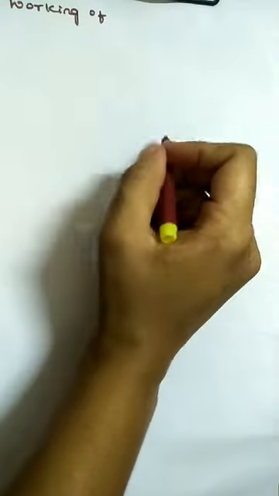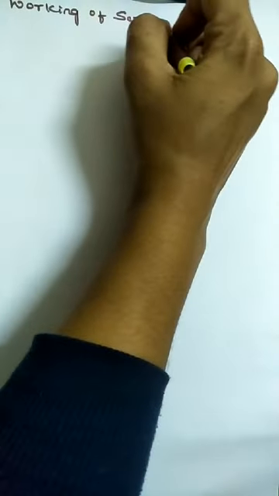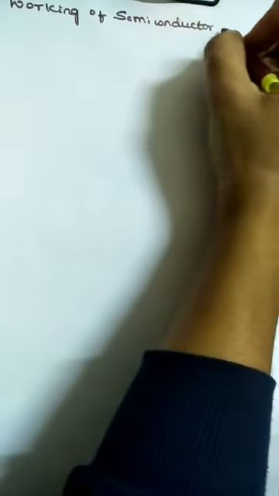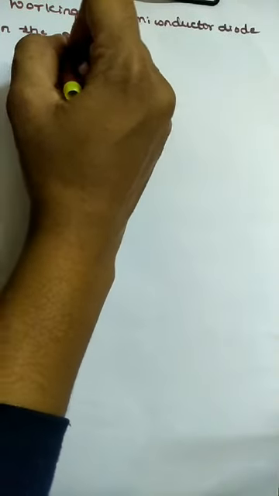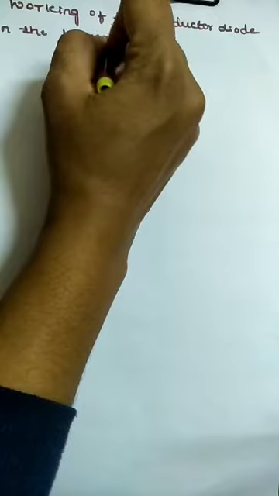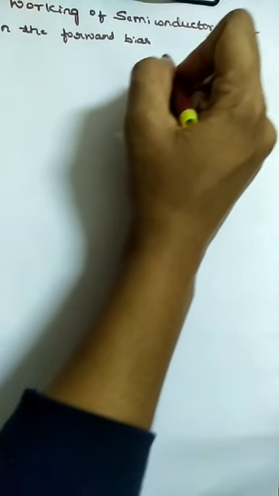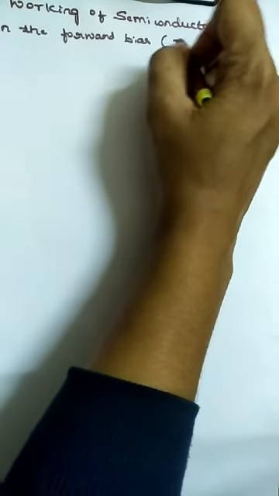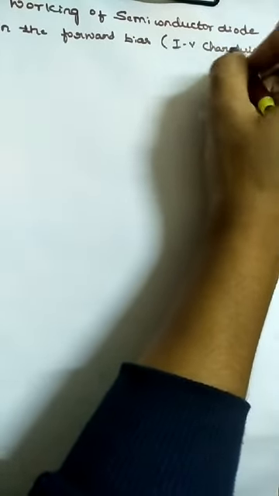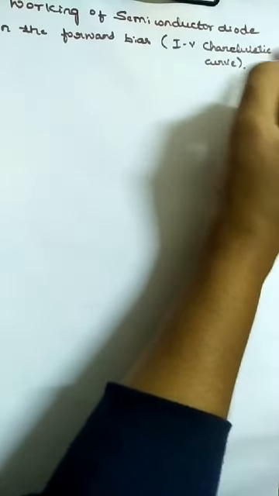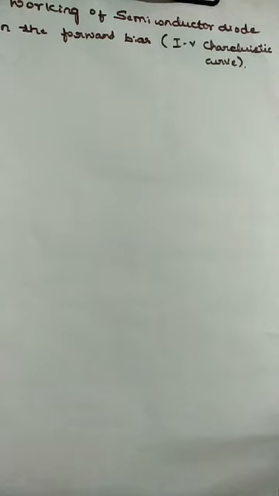So the working of the semiconductor diode in forward bias is nothing but the IV characteristic curve.